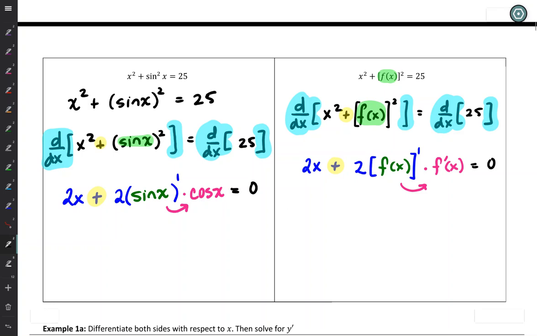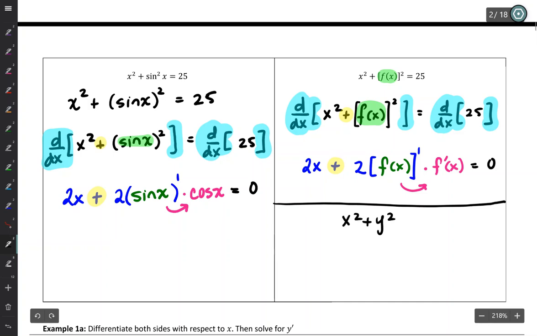You know, an alternative notation, if we had x squared plus y squared is 25, and we're looking at y as a function of x, when I take the derivative of both sides of this equation, you're going to have the derivative of x squared, which is 2x, plus the derivative of y squared, where y is a function of x.